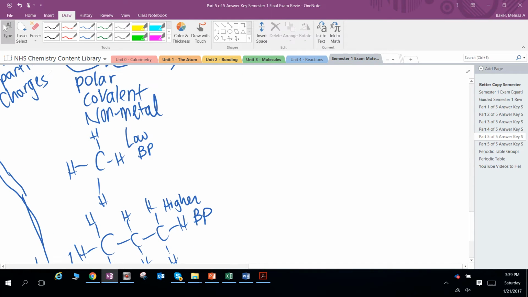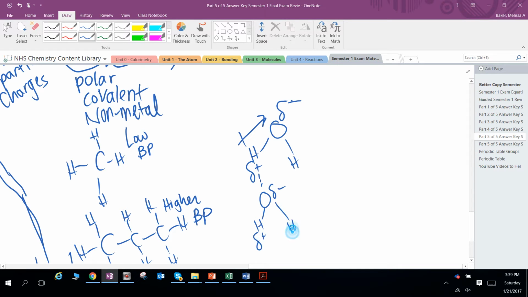But there's a lot of things that change as soon as you've got a molecule that has polar bonds. Again, because these are really sticky. So the partial positive end of one molecule will be really attracted to the partial negative of another molecule.